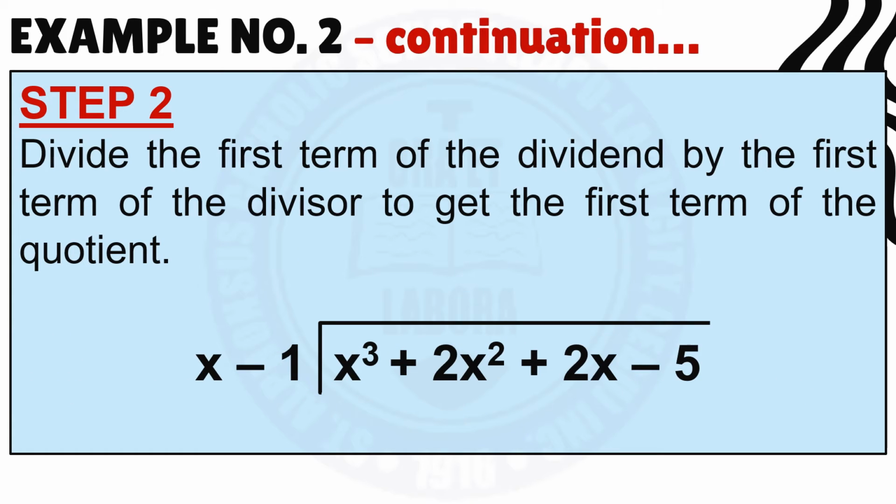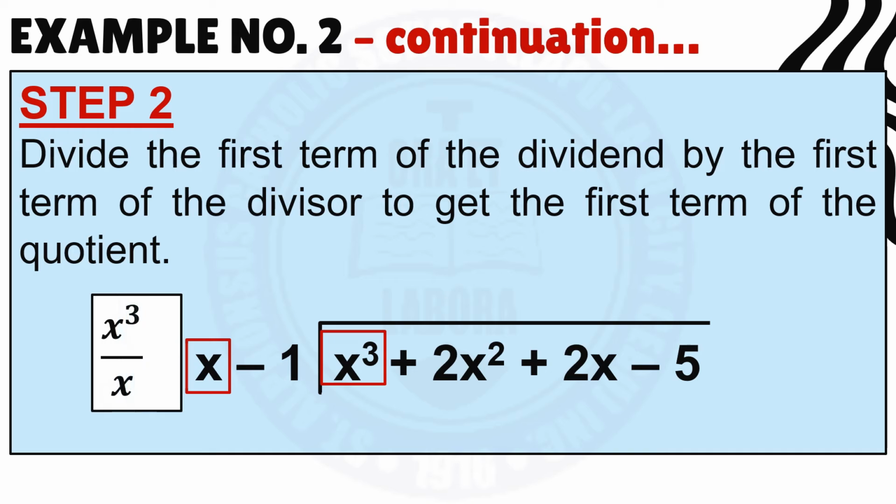Then step 2, divide the first term of the dividend by the first term of the divisor to get the first term of our quotient. So applying the quotient law of exponent, it gives us the result of x squared. Again, when you place the result, you have to make sure it is aligned with the same literal coefficient.